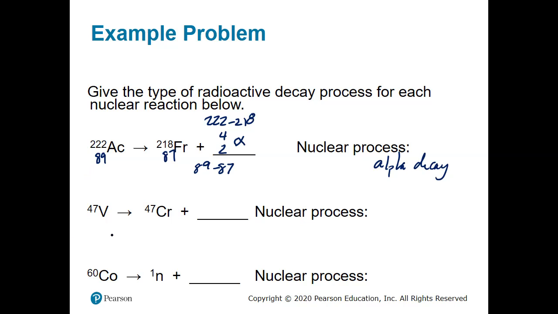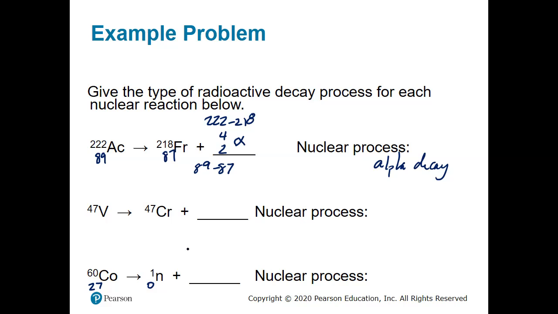All right, let's skip to the bottom one. Cobalt. Cobalt is element number 27. Now, the particle that we are given is a neutron. The way that we can tell that it's a subatomic particle, notice that there are no capital letters here. Lowercase n means neutron. Neutrons have a mass of 1 and a charge of 0.